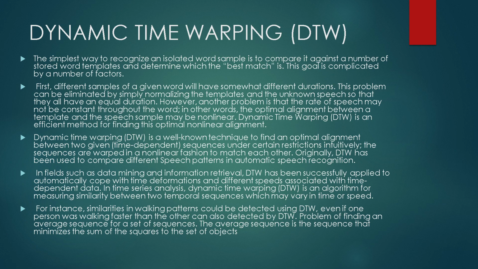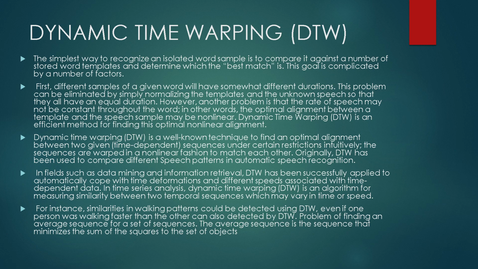This problem can be eliminated by simply normalizing the templates and unknown speech so that they all have equal duration. However, another problem is that the rate of speech may not be constant throughout the word. In other words, the optimal alignment between a template and the speech sample may be non-linear. Dynamic time warping (DTW) is an efficient method for finding this optimal nonlinear alignment.